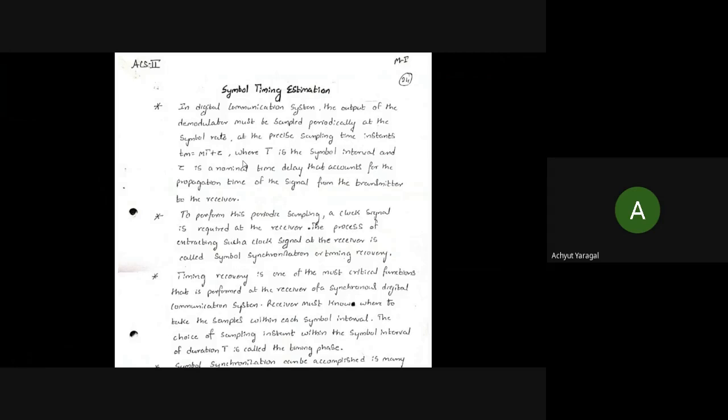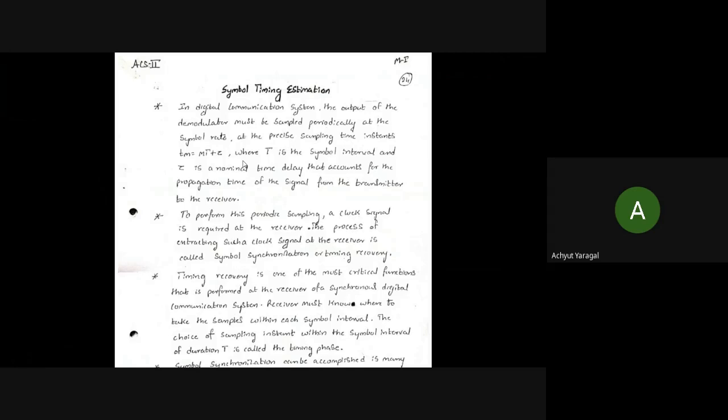Now to perform this periodic sampling, we assume there is a clock signal at the receiver side, or you can say there is a requirement of a clock signal at the receiver.